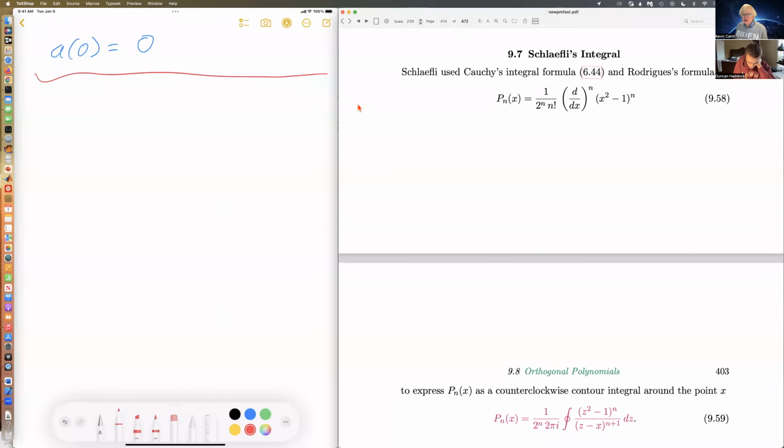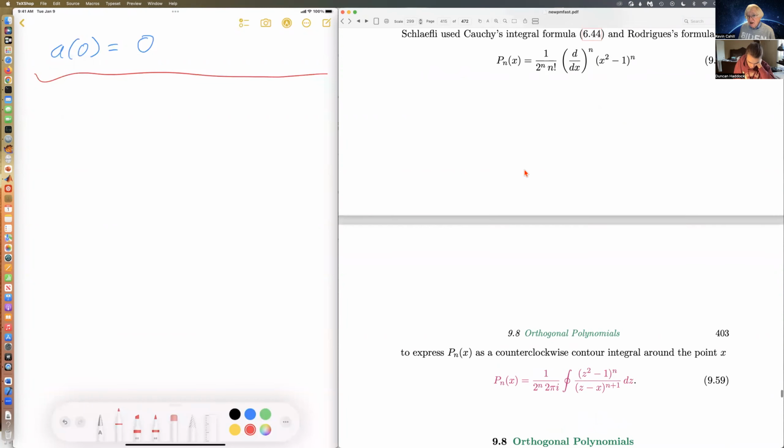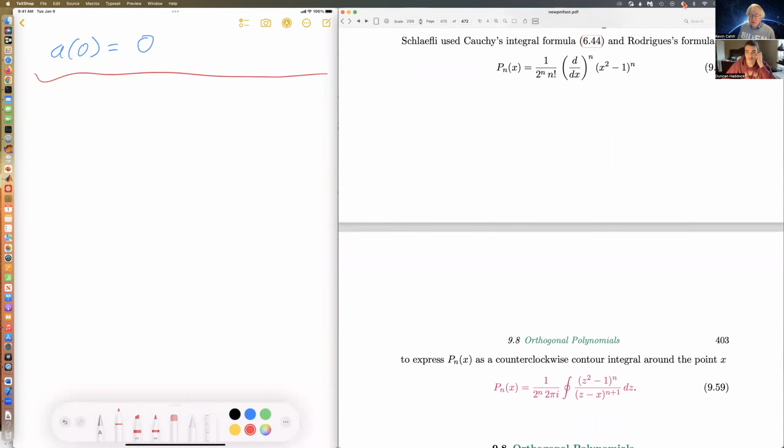We've already seen that Schlaefli wrote the Legendre polynomials as derivatives of x squared minus 1 raised to an integer power, or rather I should say Rodrigues showed this.